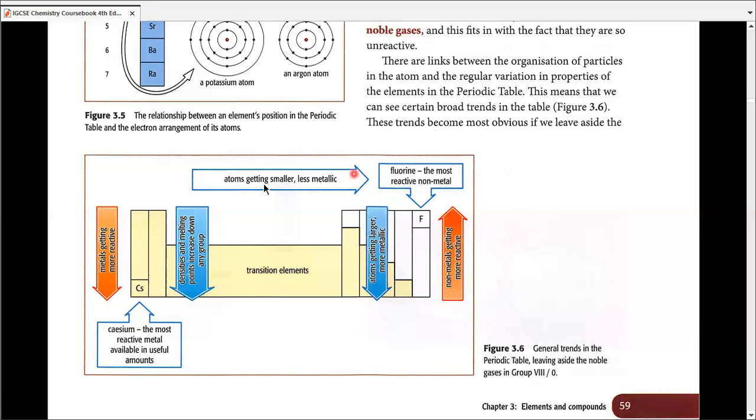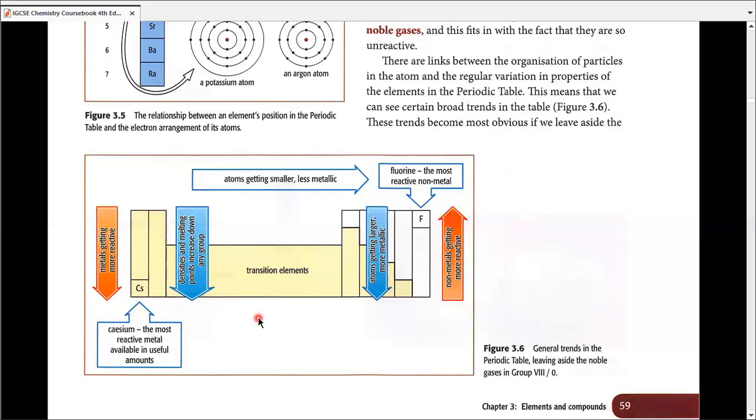There is one white arrow, however, which moves from left to right and is considering some changes in periods, but not in groups, because we can study the group either from top to bottom or bottom to top. The most usual way is top to bottom. And for periods, we can study them from left to right or right to left. However, the most common way is moving from left to right.